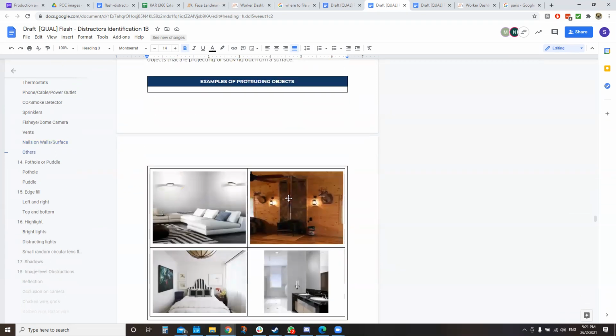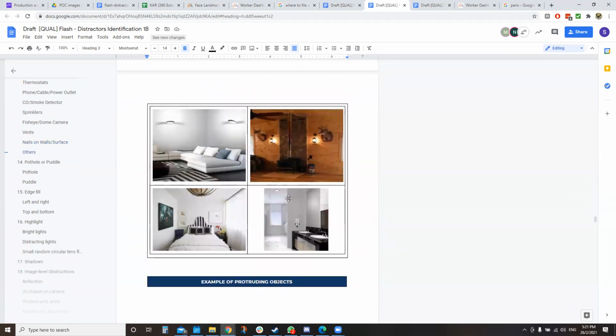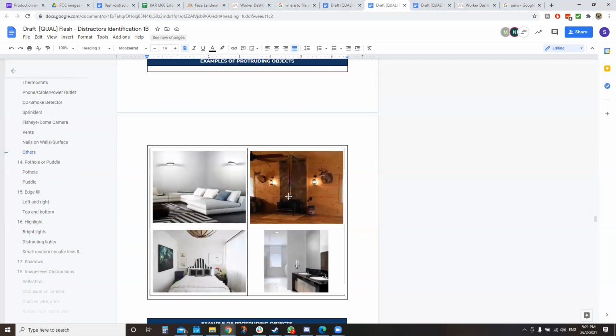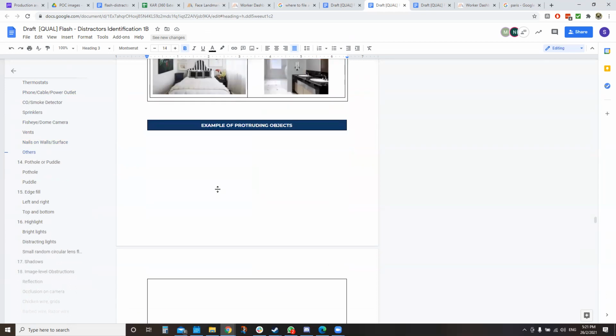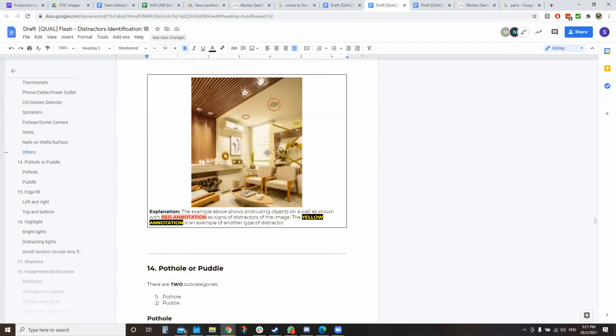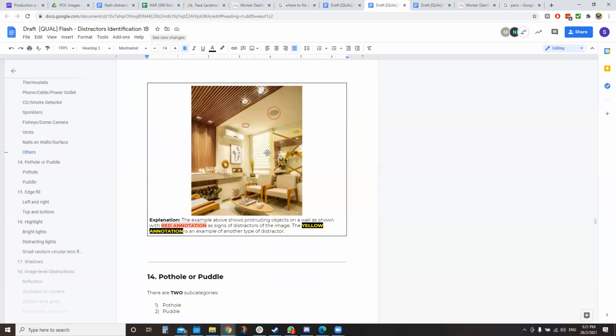Others: any other objects which are sticking out from the surface. You don't know what they are, but they are sticking out from the surface, and they are a distractor.